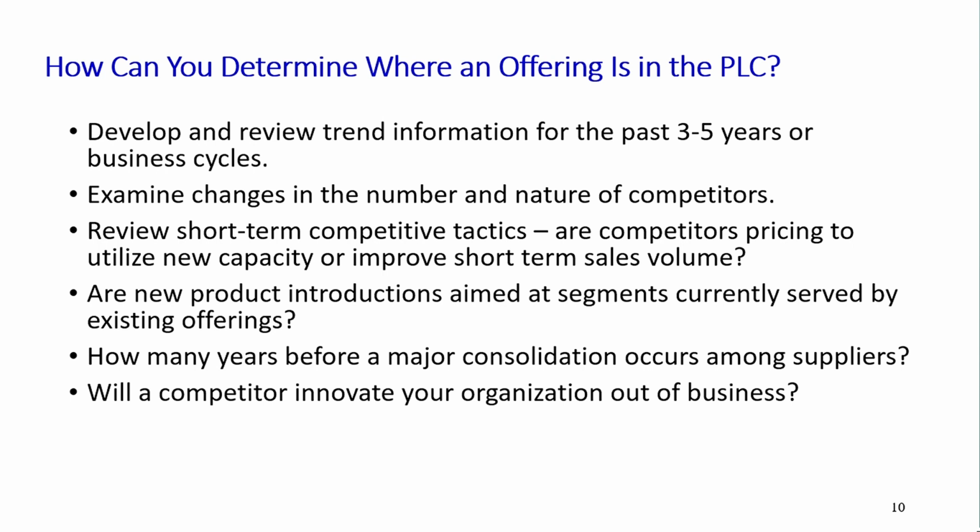We would like to see how our own sales revenue is behaving, how the industry sales volume is behaving, and we will also examine the changes in the number of competitors, because as we were discussing just a little while back, the number of competitors will be rising at the growth stage, whereas the number of competitors will be coming down or will be highly stabilized at the maturity stage and will be coming down at the decline stage.